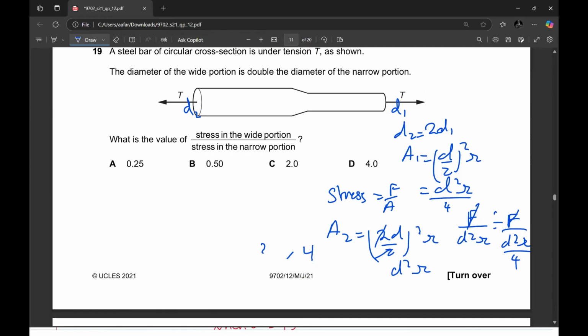Wait, hold up. 1 over D square pi divided by 1 over D square pi over 4. So we get 1 over D square pi into D square pi over 4. Yeah, 0.25.